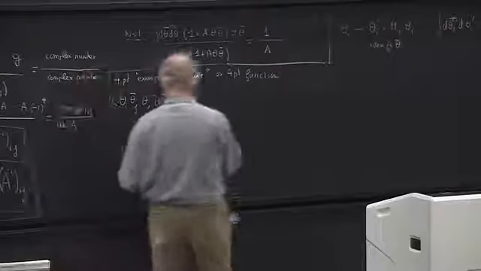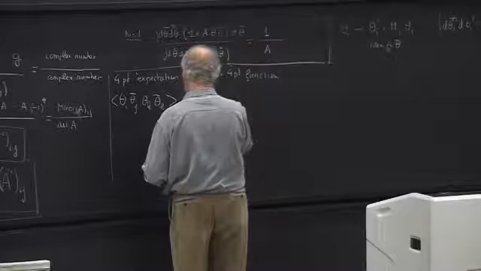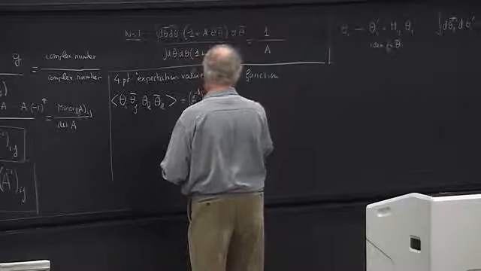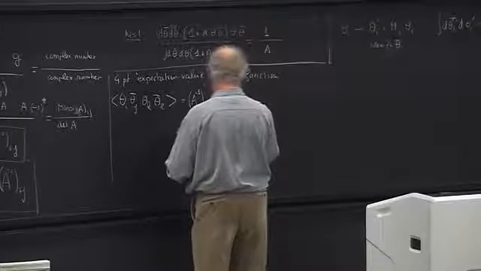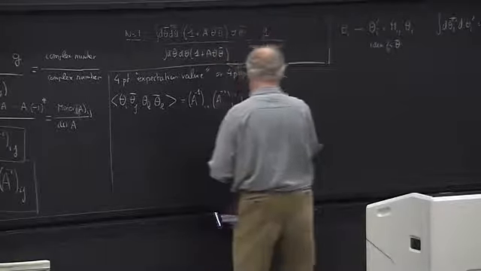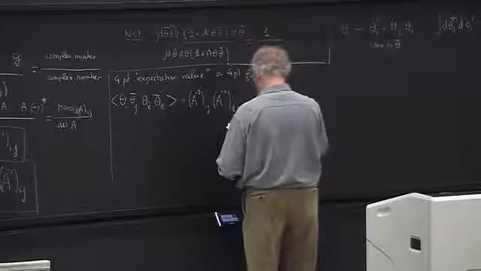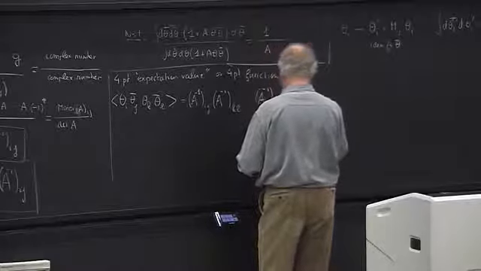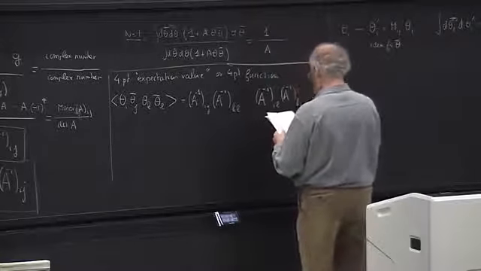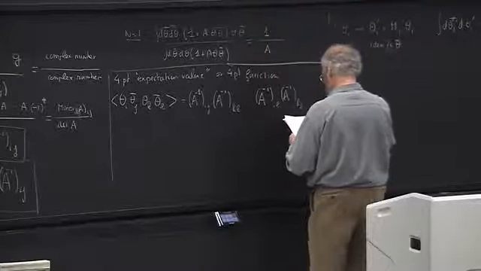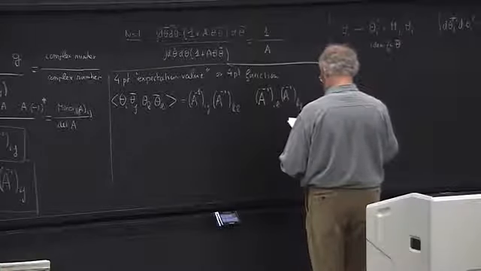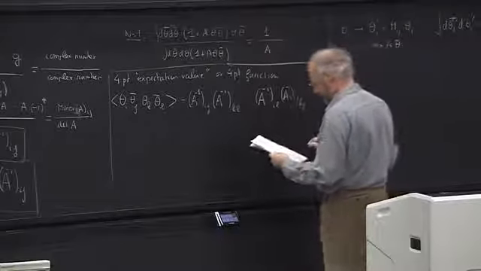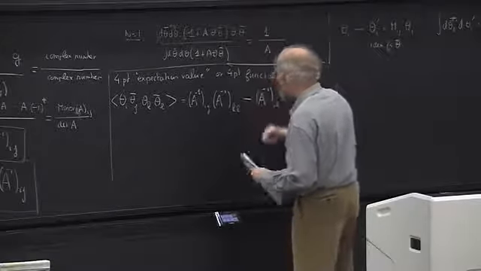And finally, you end up with A minus 1 IG, A minus 1 KL, then you have A minus 1 IL, A minus 1 KG, and that's it. And you get a minus sign here.